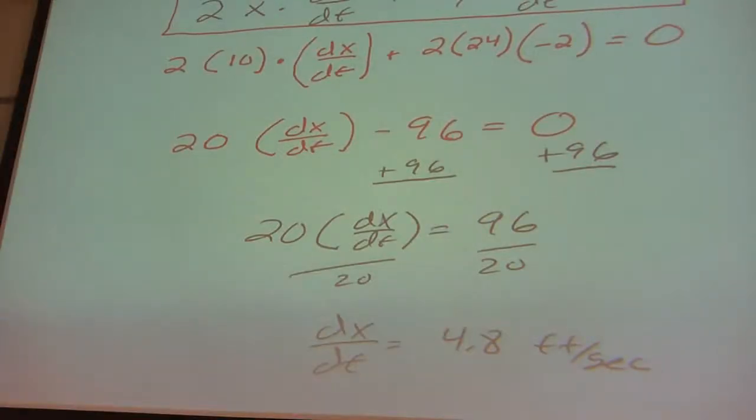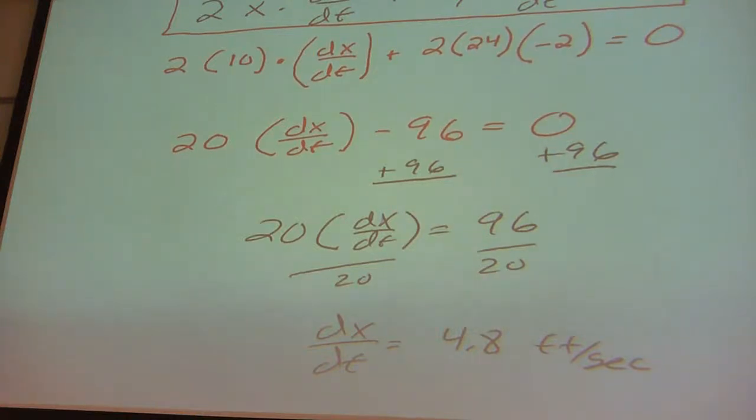Okay, so stop there, and I'm going to review everything from the top. So the nuts and bolts of related rates is that you have a picture, you take the picture, and we get some equations out of it.